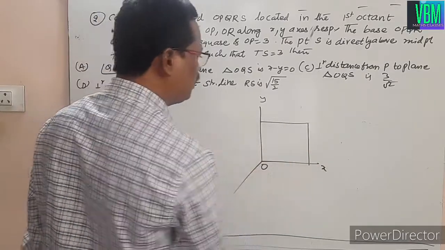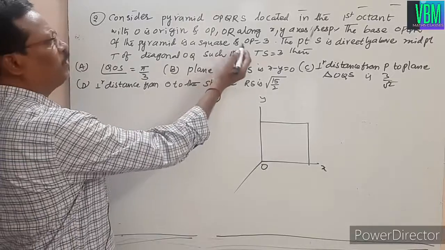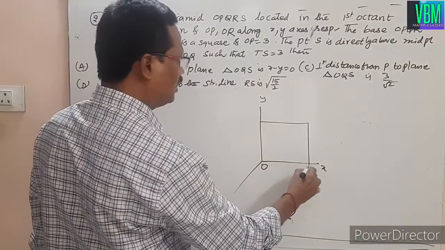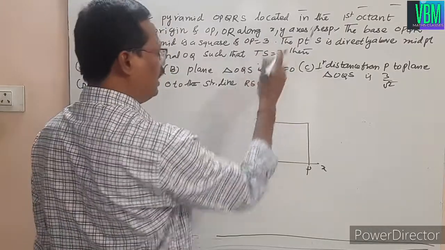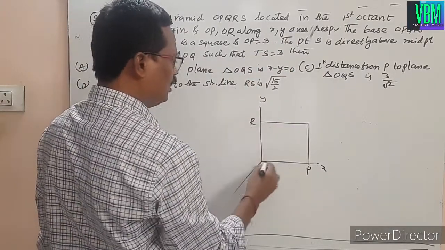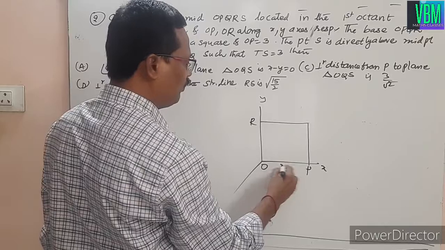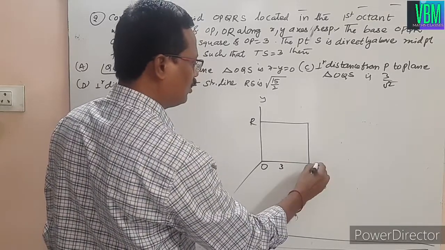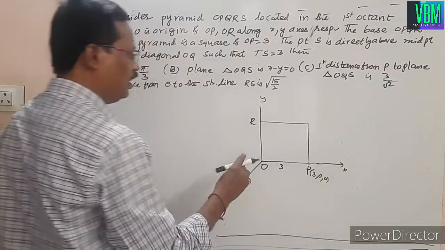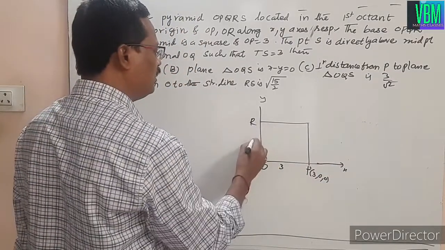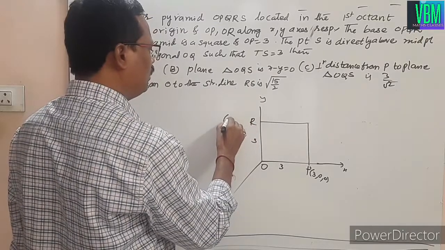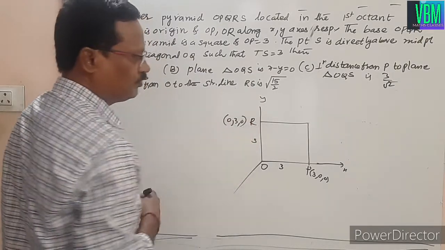O is the origin, and P is on OP along the x-axis and OR along the y-axis. This OP length is 3, therefore the coordinates are 3, 0, 0. This length is also 3, therefore this R point will be 0, 3, 0.